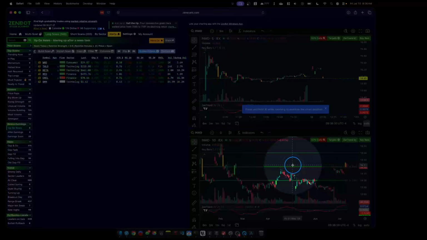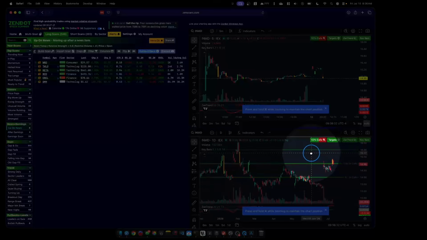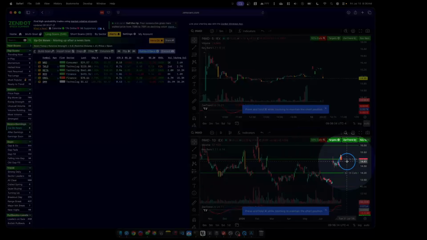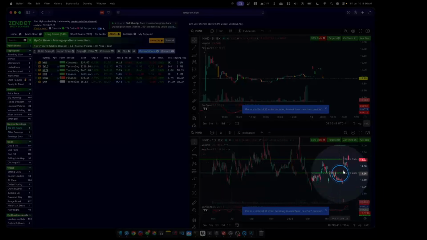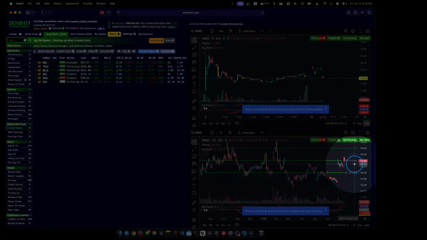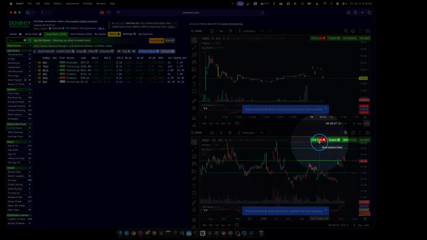We'll come down here to the daily chart, and for almost every stock that has options, you'll see these horizontal support and resistance levels where the calls and puts start to stack up. And what this means is if the stock is more bullish, you'll have more calls than puts. If it's more bearish, you'll have more puts than calls. You can see that call ratio right here.